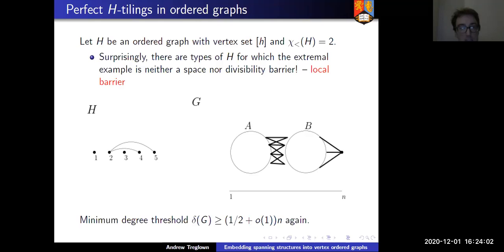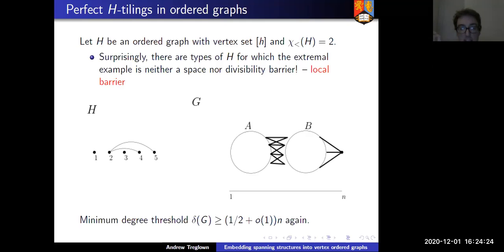Why is that? Well, let's look at this graph G. G is the complete bipartite graph on A and B, but with an extra vertex added on. So A and B are independent sets, with all possible edges between A and B. And then we've got an extra vertex on the right here. Again, we label from left to right. The leftmost vertex in A is labeled 1.